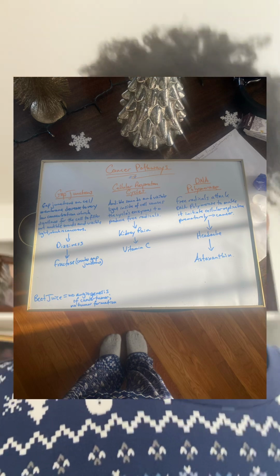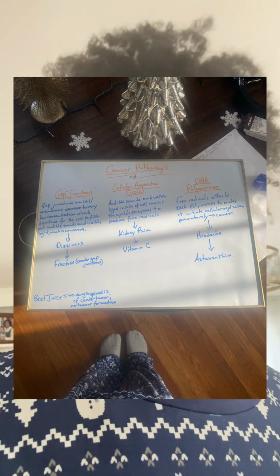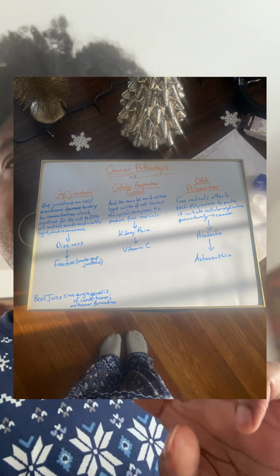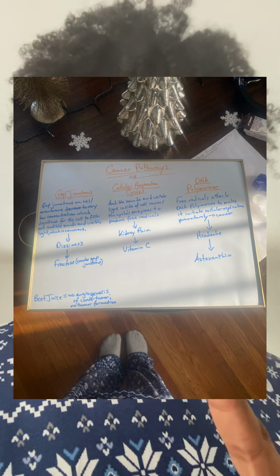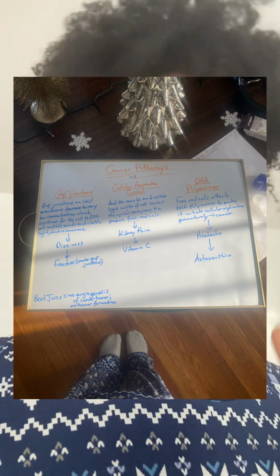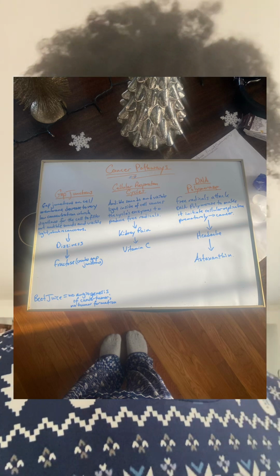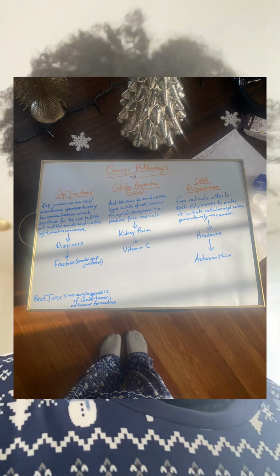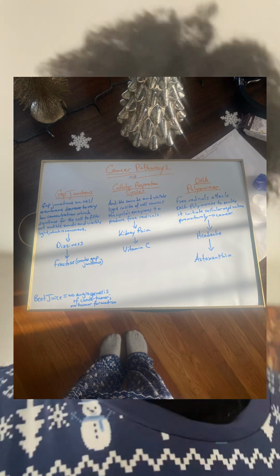Here at Clear Industries, we have understood that there are 3 pathways for cancer. The first is gap junctions. The second is cellular respiration cycles. And the third is DNA polymerase.